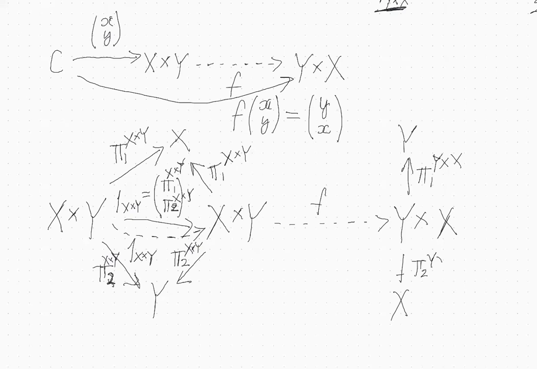And now we're told that the composite of f with pi1, pi2, which is the identity morphism, is actually just f, right? So this composite that goes from here to there will just be f, because the other one is identity. So f equals f composed with pi1, pi2, where again these pi1 and pi2 were of x cross y.